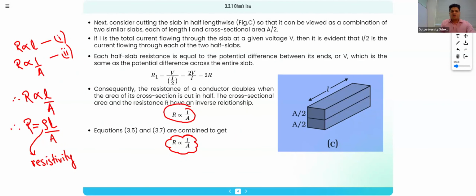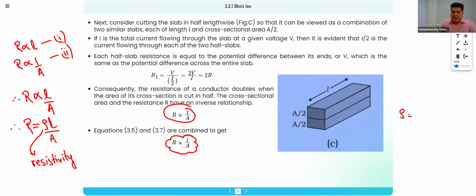Now, what will be the unit of resistivity? Anyone in the comment section? How can we find the unit?